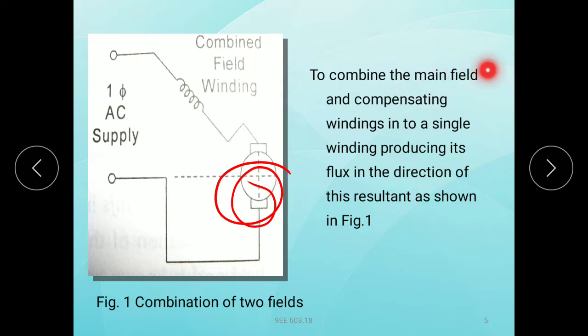The combined main field and compensated windings are in a single winding, producing its flux in the direction of this resultant. This figure shows the combination of two fields.